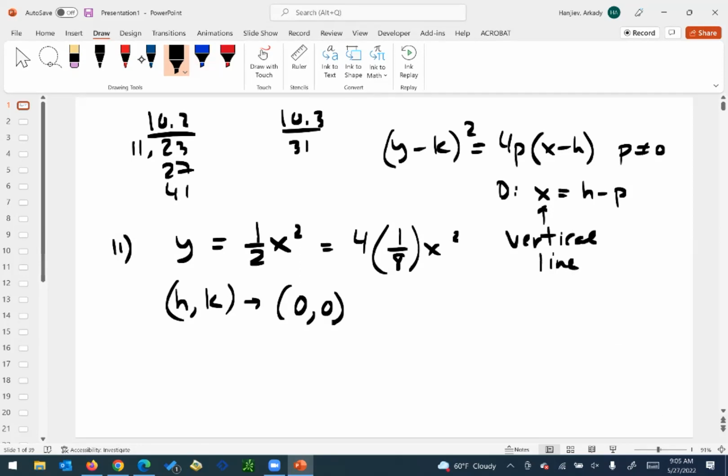And so the graph of it kind of looks like this. And then that's x squared, right? With the 1/2 in front. It's a little bit more wide, but not by much. So 0, 0, according to the formula, because there's no y minus anything, there's no x minus anything.